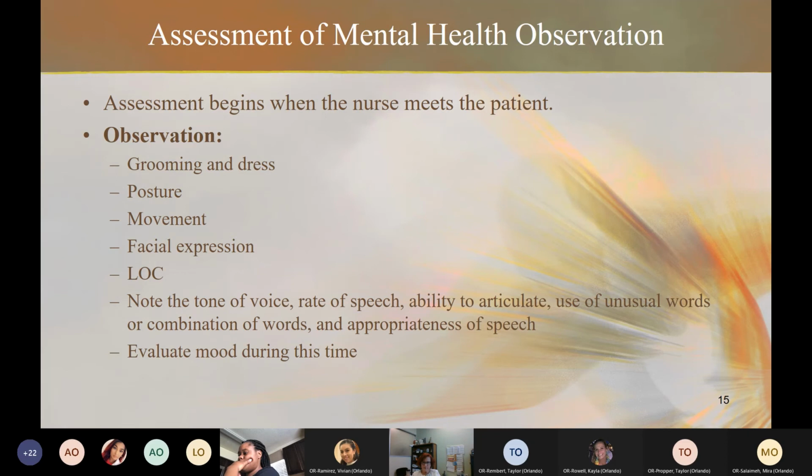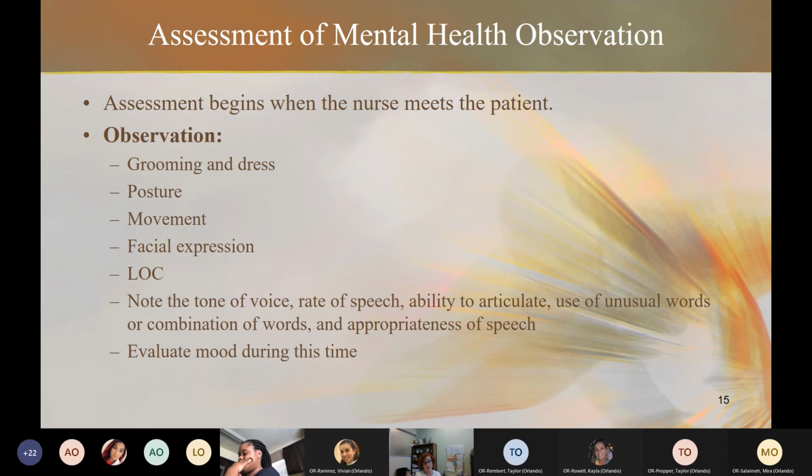Do they stand upright as much as they can if they have some type of kyphosis? However, we're really looking at their posture, their movement. How do they move? Do they look confident? What about their facial expression? Is it kind of sad looking? Is it mask-like? And so we're observing our patients here.